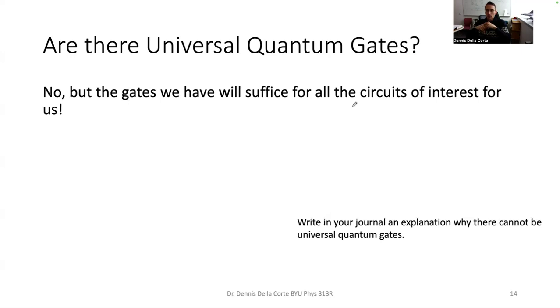But you can approximate it pretty closely, and the things that we have introduced so far will get us far enough. Okay, and you can, if you want to, philosophize about this in your journal and write down why you think there cannot be universal quantum gates.